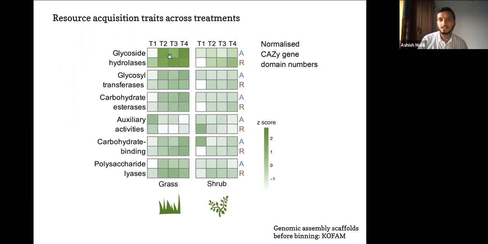And what we see here is that except for maybe one of the first time points, generally the number of unique genes that we could find in unique populations in these two different ecosystems was not that different. It was not statistically different. So again, resource acquisition doesn't seem to be impacting that much across the precipitation treatments, but we can see differences across grass and shrub, obviously, because the substrates are very different.